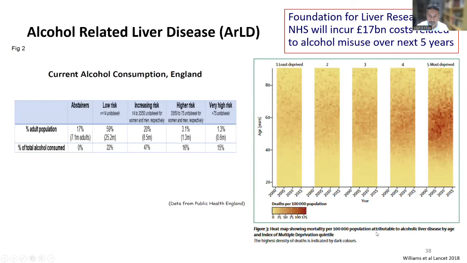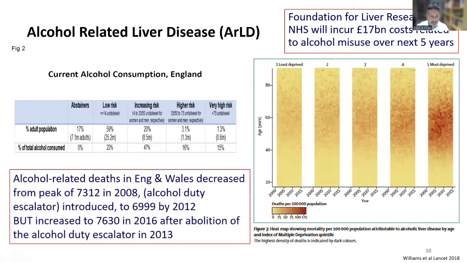Also of note is that alcohol-related deaths did decrease during this alcohol duty escalator, but then, as I said, did increase. And the other thing to notice is that if you compare socio-economically, the least deprived to the most deprived, although alcohol-related liver disease affects all people whatever their wealth status, the most deprived suffer more.